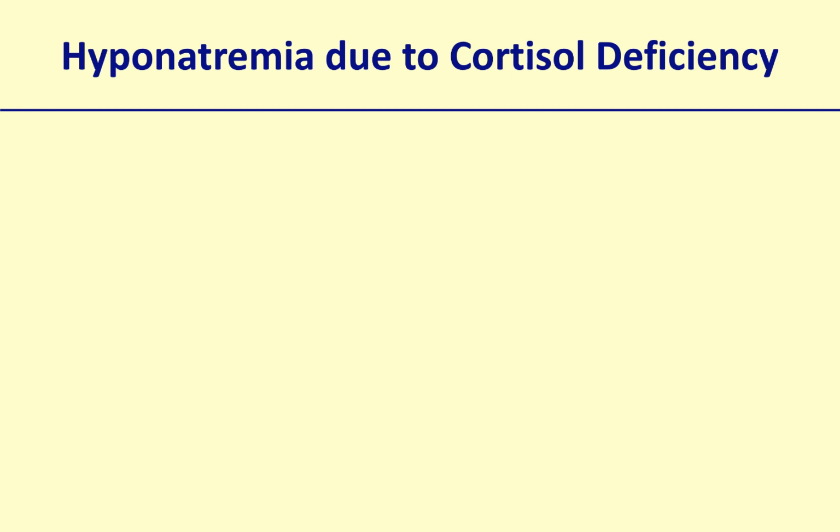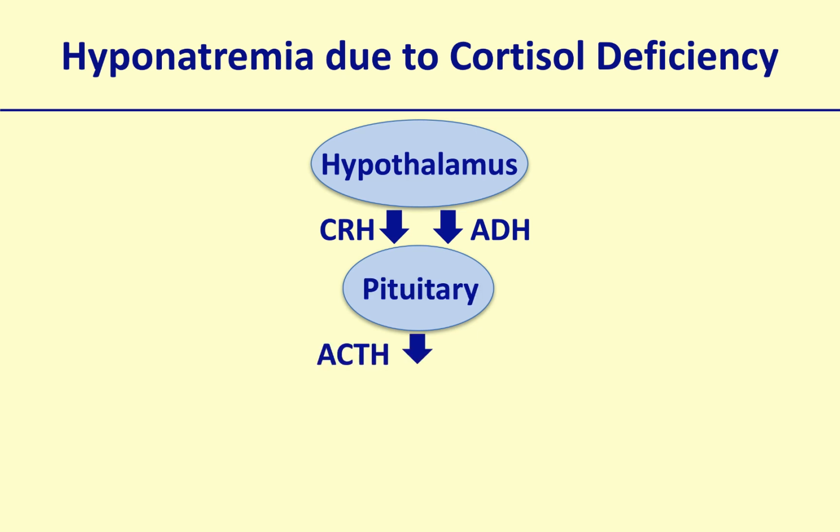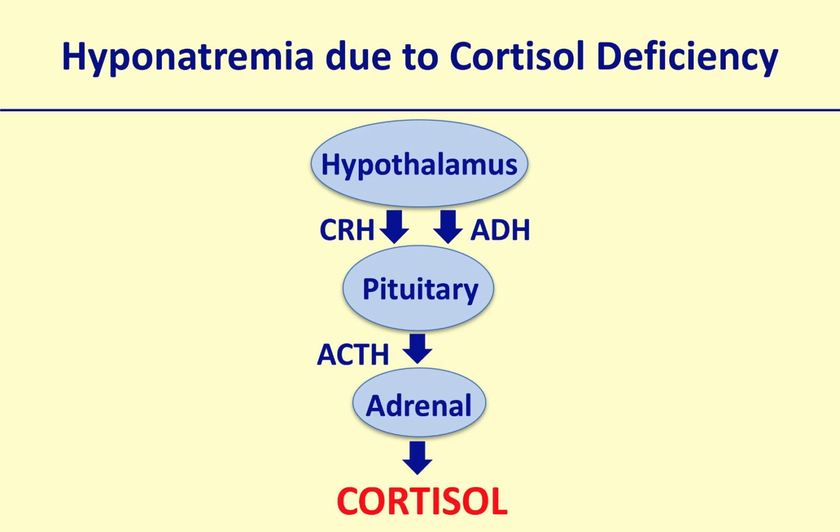Now, what about hyponatremia from cortisol deficiency? That's one of the main differentials for SIADH. So what happens? We have our hypothalamus that produces CRH, and that will act over the pituitary. The hypothalamus also produces ADH, okay, and the CRH will stimulate the pituitary and produce ACTH, which will work on your adrenal gland to produce cortisol.